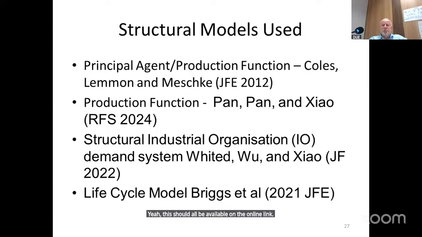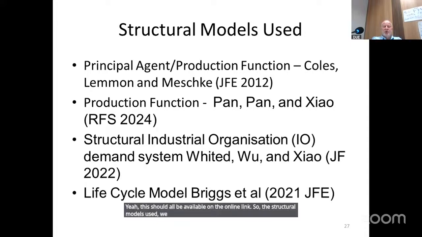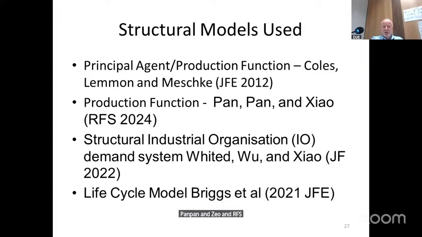The structural models used, we already talked about: the principal agent, and the production function that Coles used, Pan, and Zio and RFS used a production function. Whitehead, who is the editor of the Journal of Financial Economics, uses an IO demand system from industrial organization. And we just talked about the life cycle model.